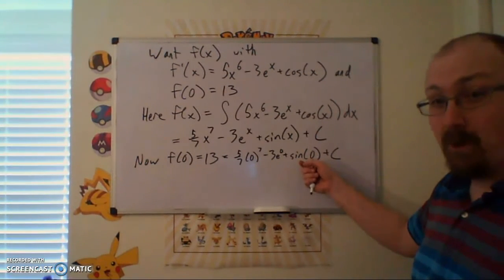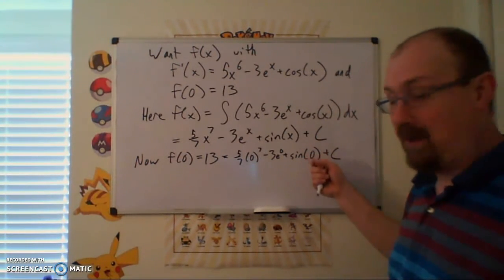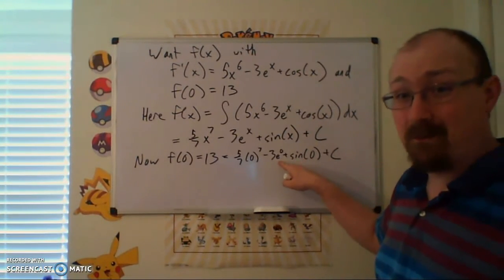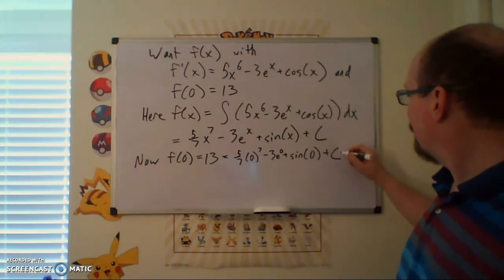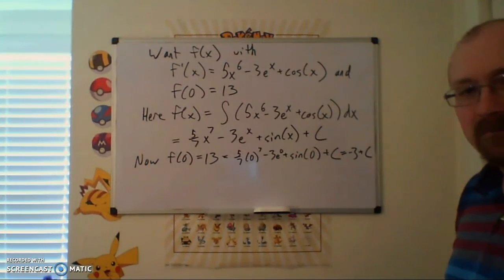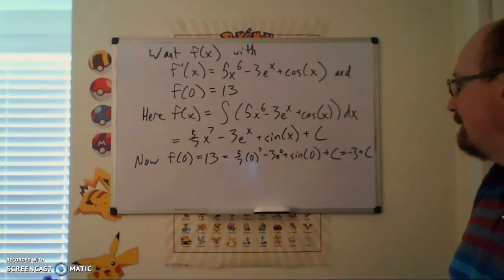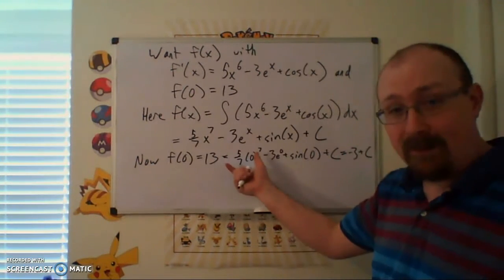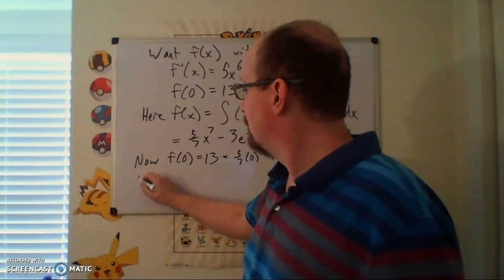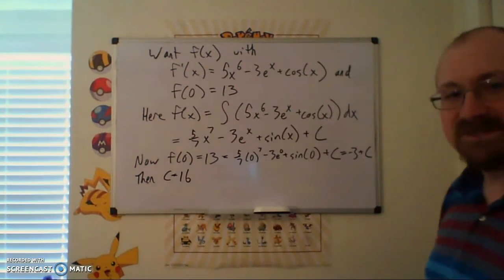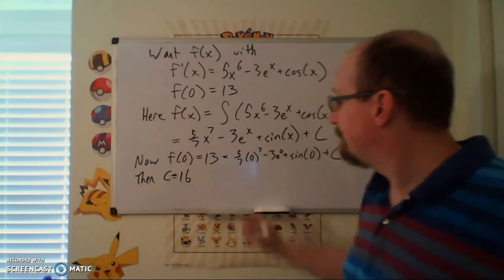The sine of 0 also vanishes in a puff of logic. 3e to the 0, he doesn't go away, because e to the 0 would be 1. So negative 3 times 1. So we have negative 3 plus c. Now we can get c by itself, algebra 1 style. We add the 3 over here. So our c value is 16.